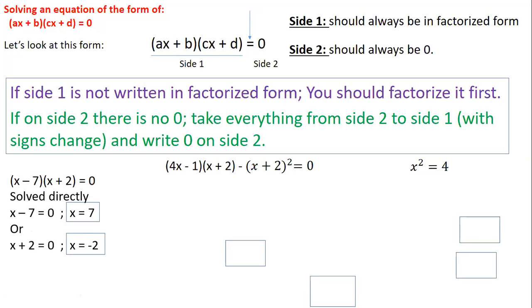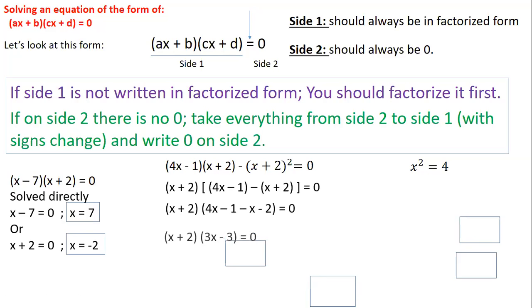In the second one, the first side is not factorized. Here this is the first term and this is the second term. Between them, x plus 2 is common. So we take x plus 2 and open a bracket to factorize. Then we reduce the parentheses, and now we have (x plus 2)(3x minus 3) is equal to 0.